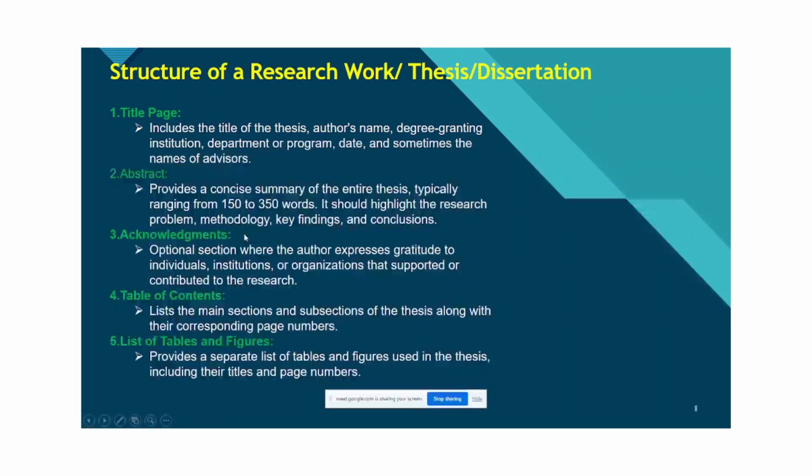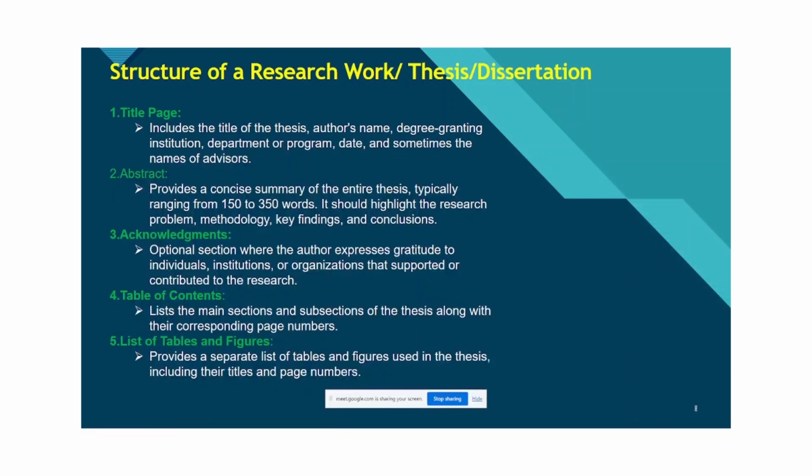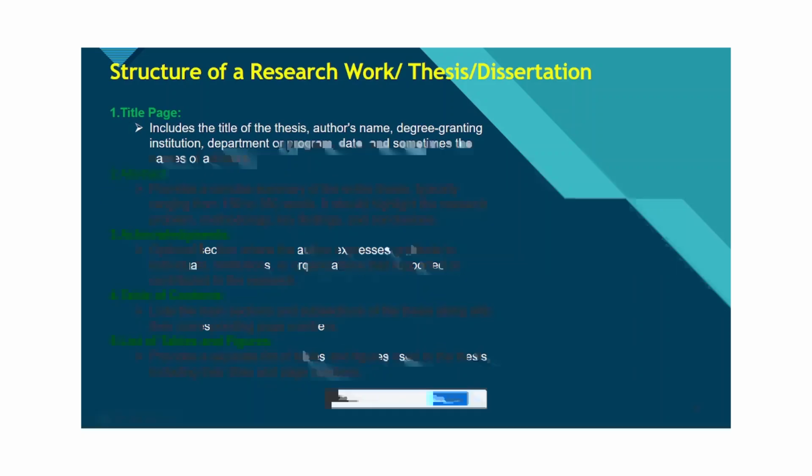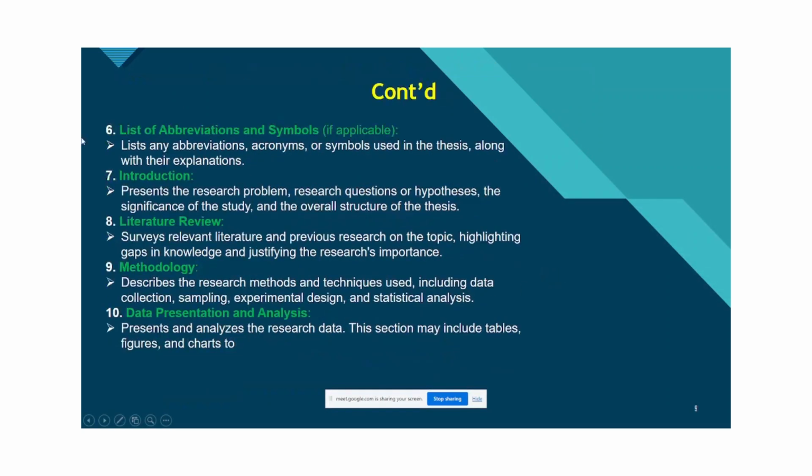The title page definitely has the title of the project or the research. Your abstract is a summary of your research, basically not more than 150 to 350 words. Acknowledgements are for people that supported you, and maybe institutions, that you want to acknowledge. The table of contents we know, list of tables and figures we know, list of abbreviations and symbols we know, then the introduction.